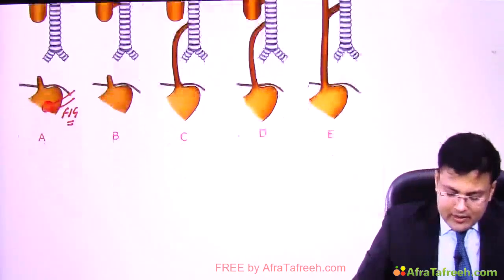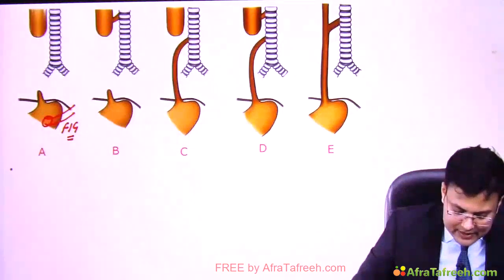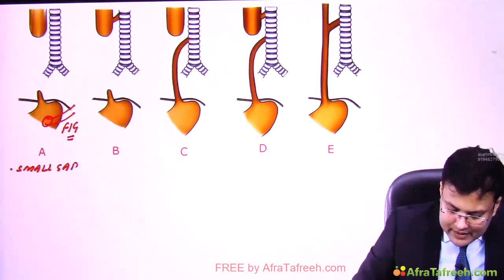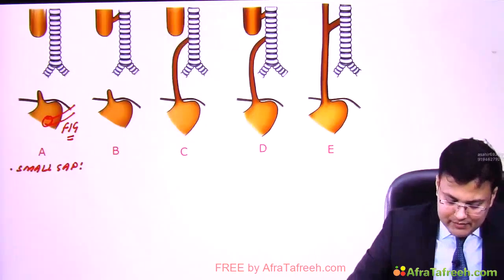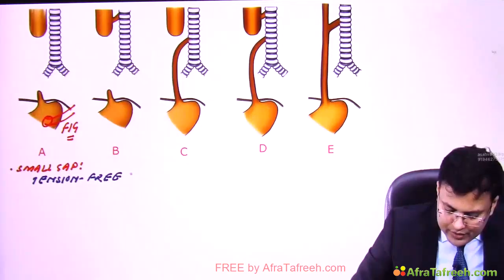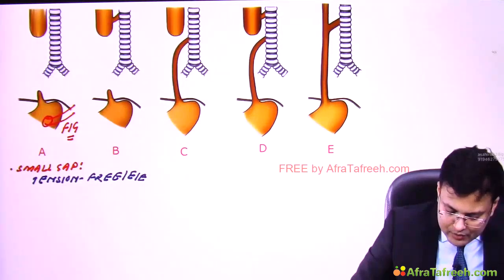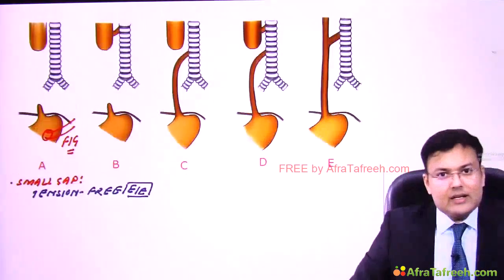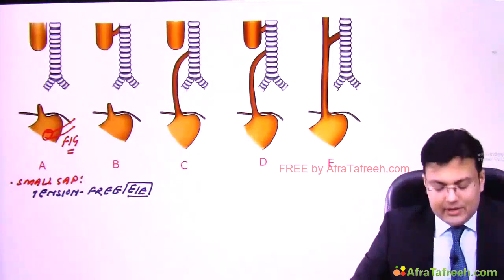Clear? So for type A, if there is a small gap, we go for tension-free esophagostomy. The proximal and distal ends are sutured, and it should be tension free.